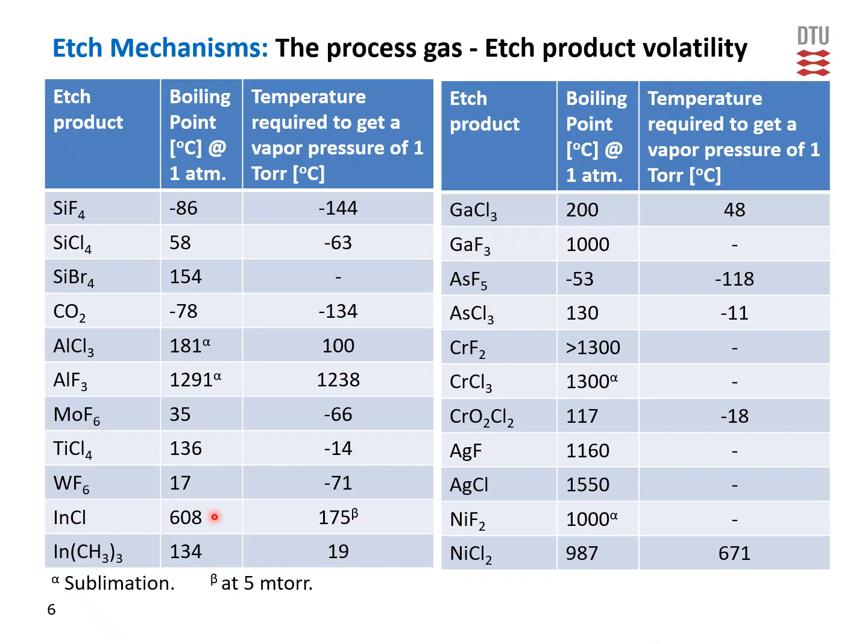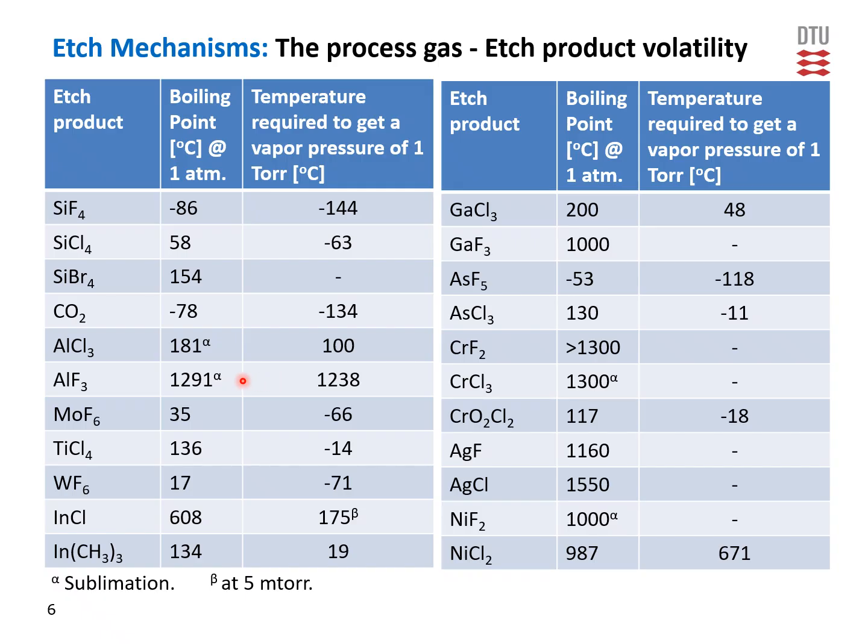at an elevated temperature. But that means, for example, if you're looking at etching aluminum in a chlorine chemistry, you will see that these values here are low enough, so this will be volatile at the processing pressure. Whereas, for example, if you're trying to etch aluminum in a fluorine chemistry, then the values are too high and it will not form a volatile product.